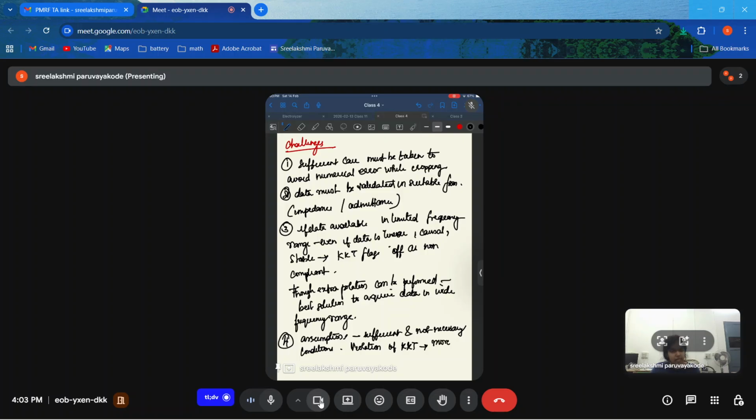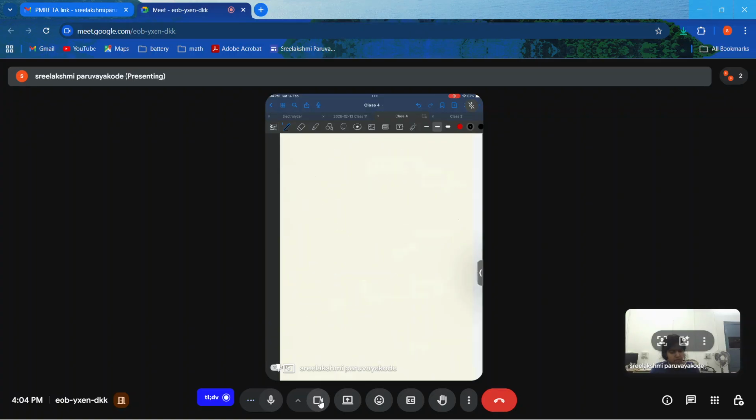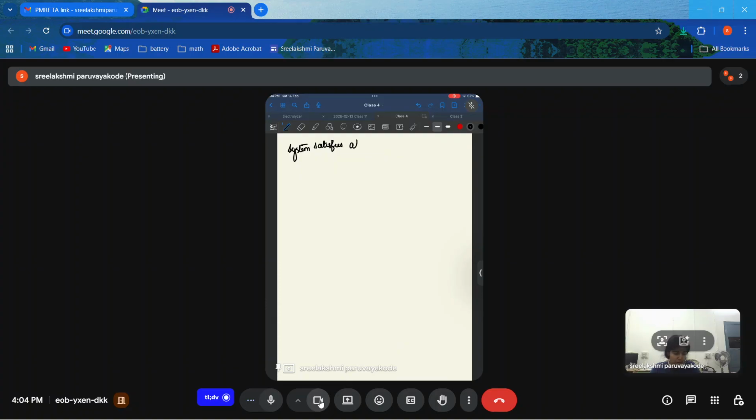So violation of KKT means that more than one condition is violated. But compliance with KKT doesn't imply that the system satisfies all assumptions.